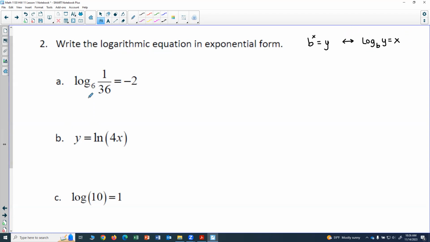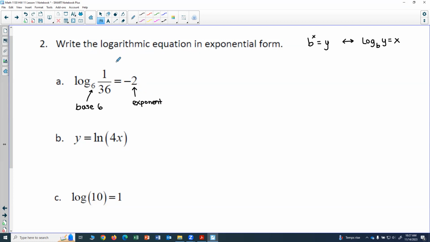All right, the idea is to identify your base first. Here I have a base of 6. Remember that when you have a log function, the output of the log is the exponent of the exponential equation. So here we have an exponent of -2.